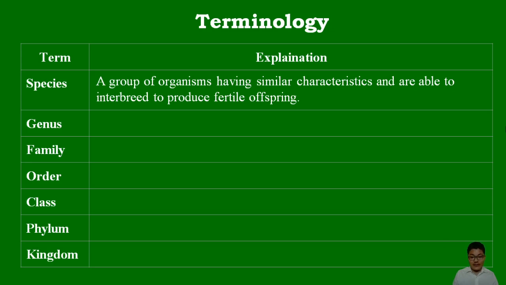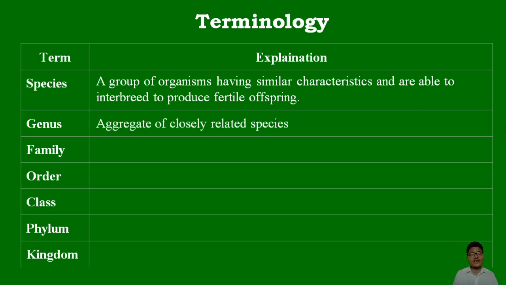We all have the same morphological and anatomical features, though there might be minor differences. And we can interbreed. Male and female human beings can interbreed once they attain reproductive age to produce fertile offspring. So species have similar characteristics and can interbreed to produce fertile offspring.